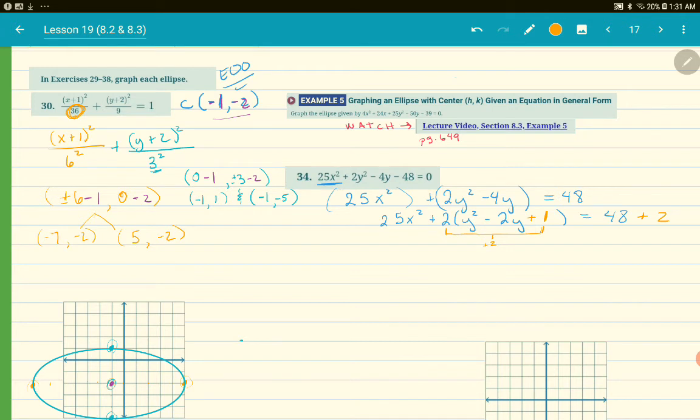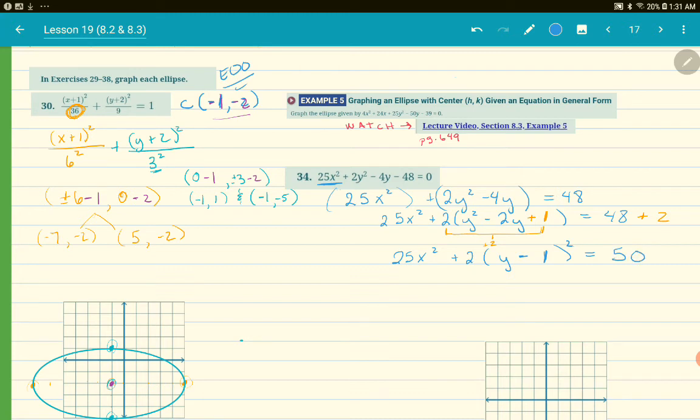All right, so that gives me 25x squared plus 2, and then I have a perfect square. So y squared minus 2y plus 1, that's a perfect square with a minus sign, which equals 48 plus 2 is 50.